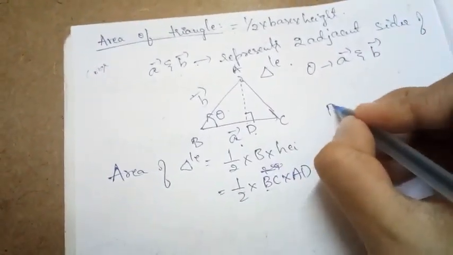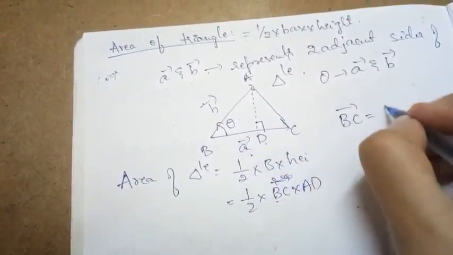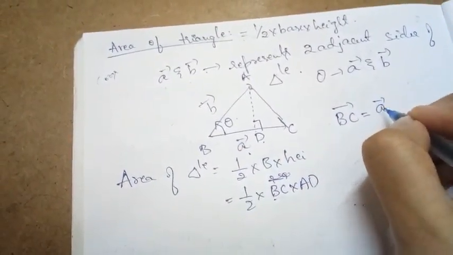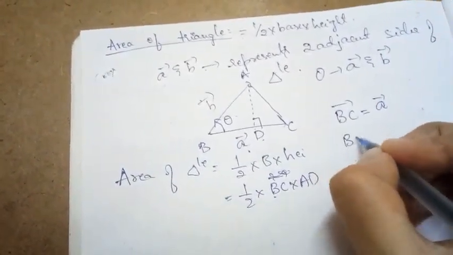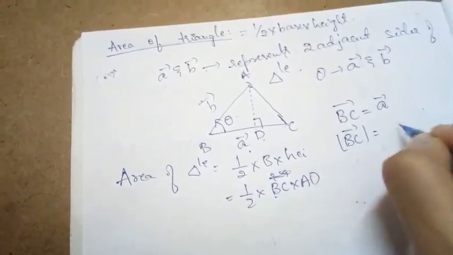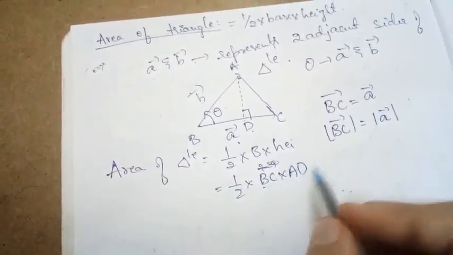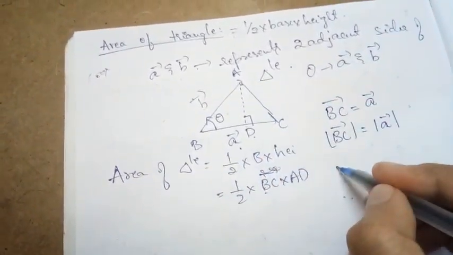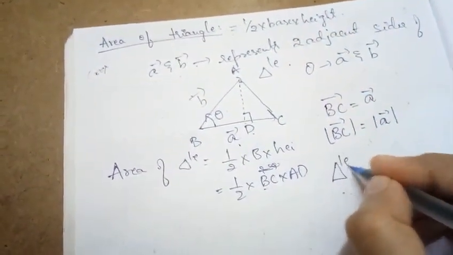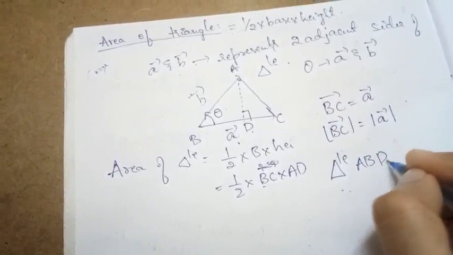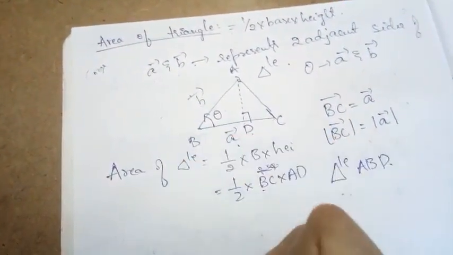Now observe here, what is vector BC? It is vector A. We need only the magnitude, that is BC, so it is nothing but the magnitude of vector A. And what is our AD? To know AD, consider the triangle ABD. In that triangle ABD we have theta.